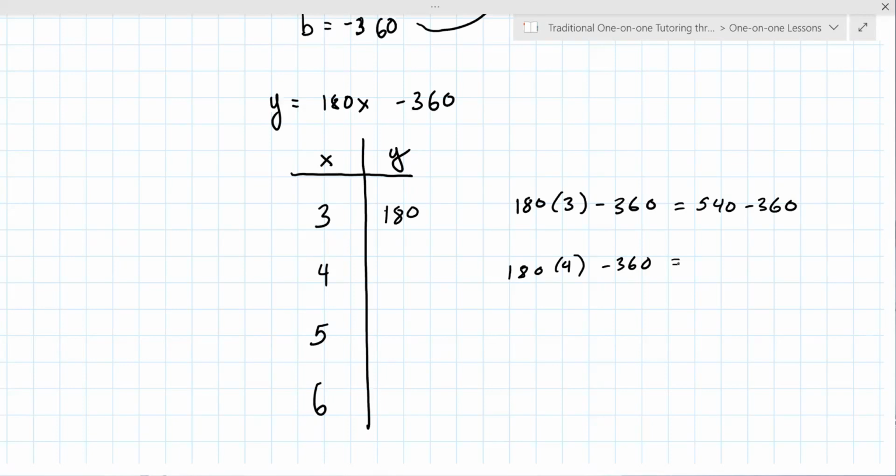Use pencil and paper or grab a calculator if you've got one handy. 720. Yes, it's 720 minus 360.